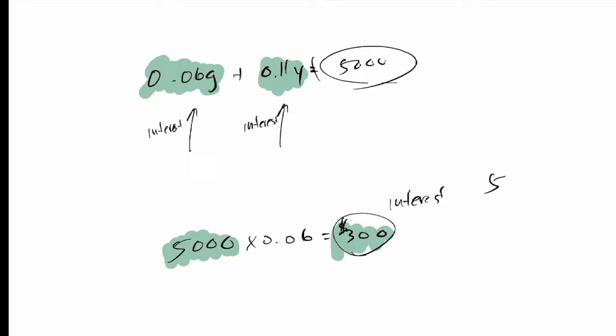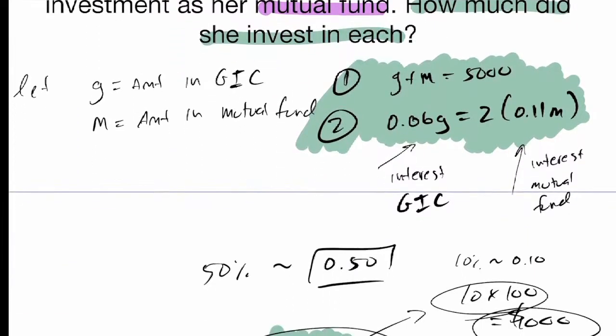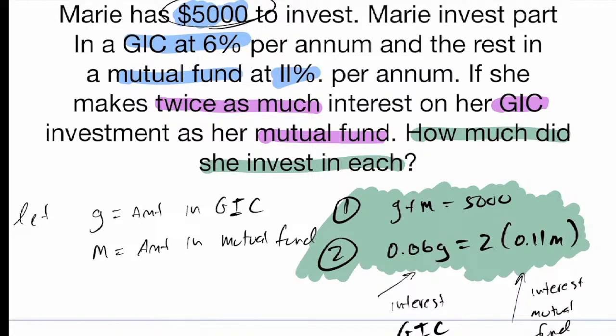In total, you have $5,300 afterwards when it's all done. But this isn't what happened here. Marie had $5,000 and put it initially. This is your initial amount you invested, each adds to 5,000, but then you made some interest on it at the end of the year. We've done a lot of interest questions.